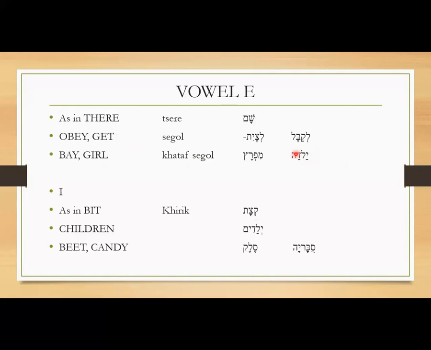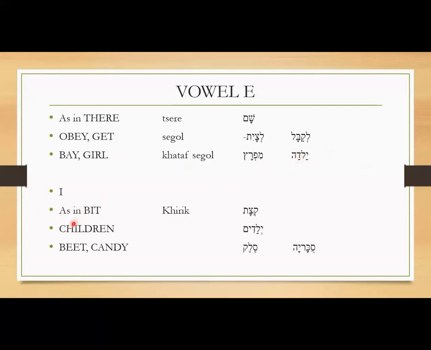Yalda, girl. Yeled, boy. The ending tells you it is a girl or a feminine vowel.